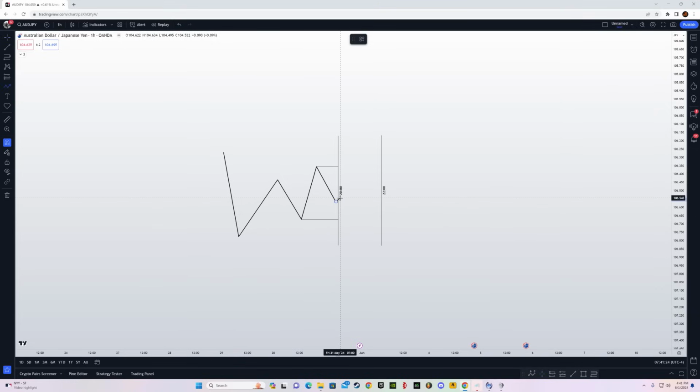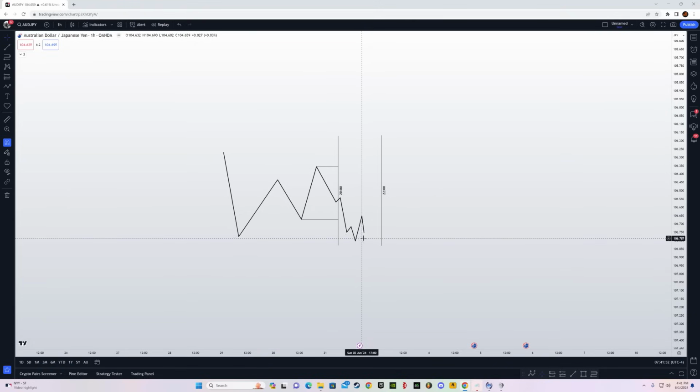Now, essentially what you're looking for is a sweep, and let's assume that the sweep happens in between this time period. You are dropping down to the 1-minute or 2-minute time frame, and you look for a market structure shift. You are simply taking your entry from the fair value gap that forms.